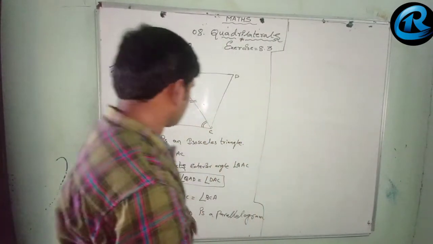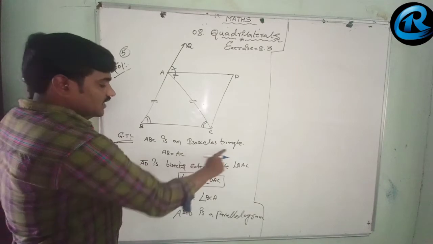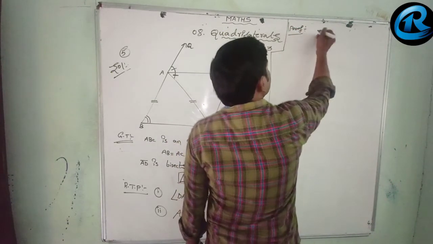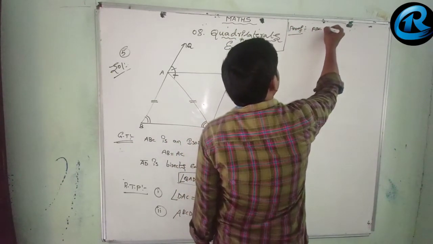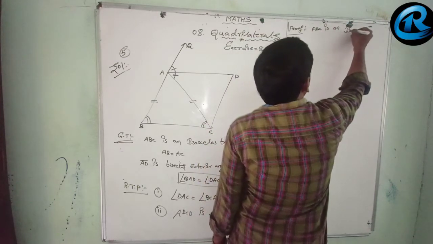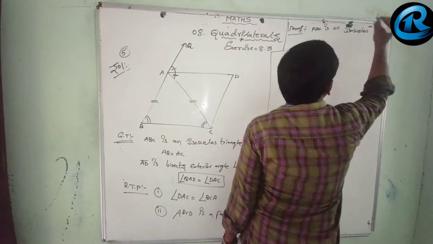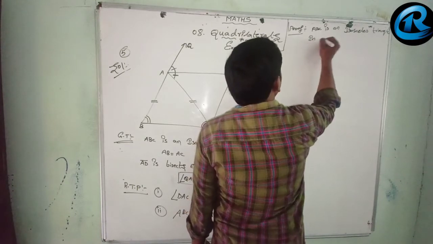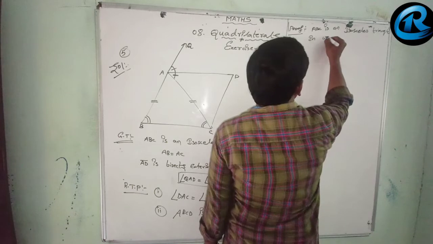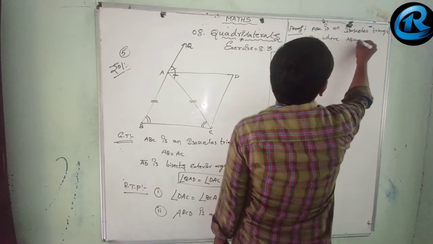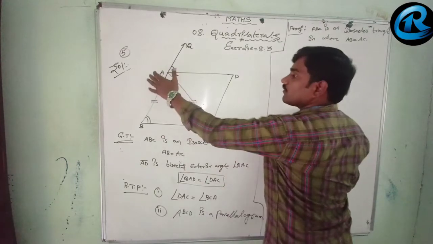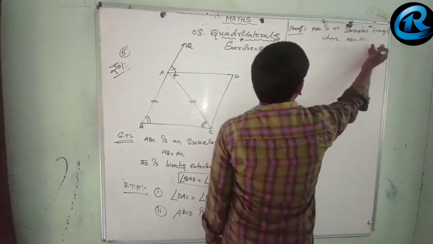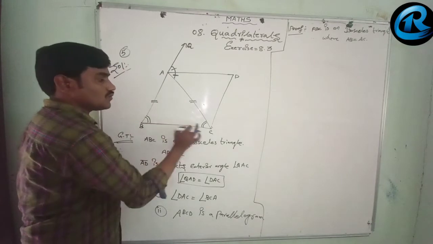From the statement, ABC is an isosceles triangle where AB is equal to AC. If these two sides are equal, as we know, these two angles will be equal.